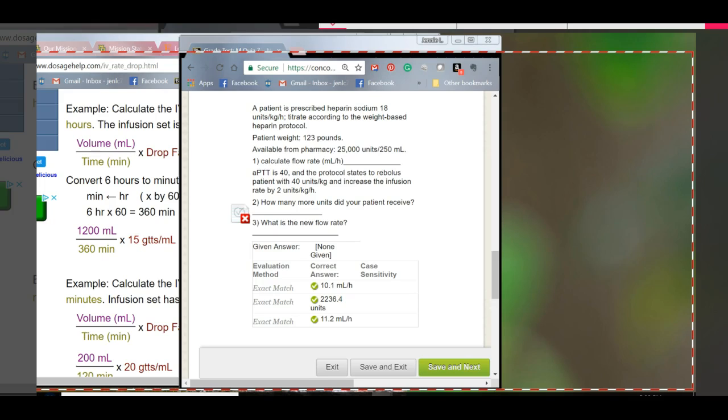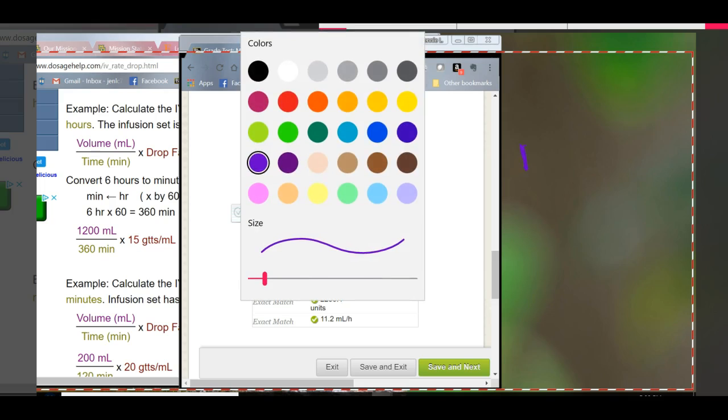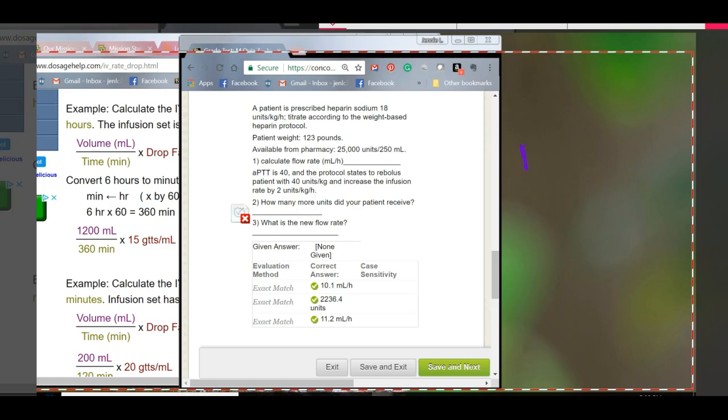Okay, so I hope you can see this. First I want to go ahead and get my kilograms. Let me make this a different color so you can see it. So we have 123 pounds divided by 2.2.